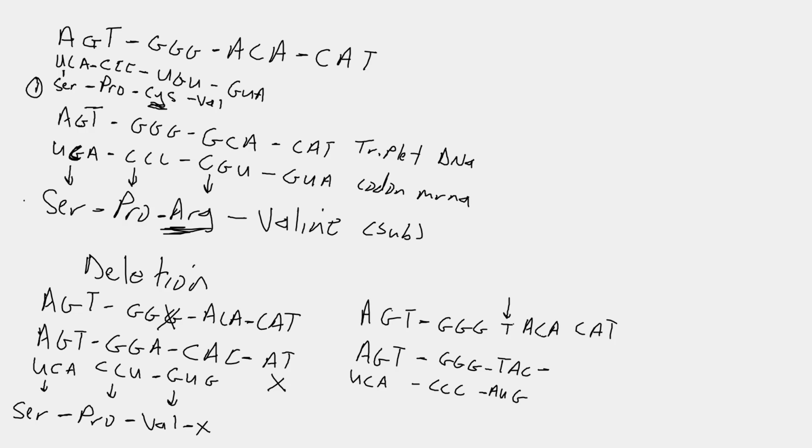And then TAC, we now have ACA, ACA, and that gives us, of course, UGU. And we have a T sticking out to the end there, and a U sticking out to the end there, not doing anything with. Right?